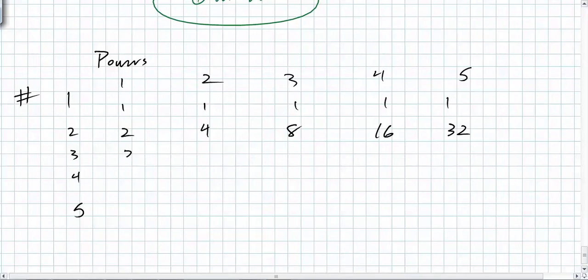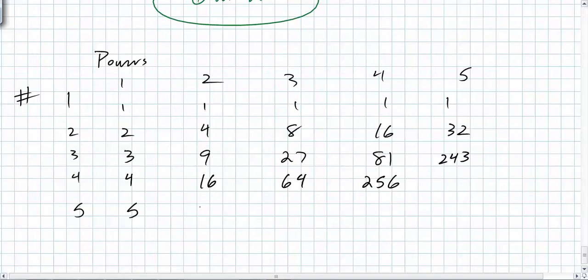For 3: 3, 9, 27, 81, 243. Sorry, what am I doing? 4 to the first is 4, and then 16, 64, 256, and then it gets really big. 5, 25, 125, 625. It gets pretty big.